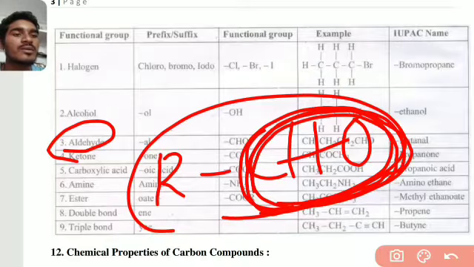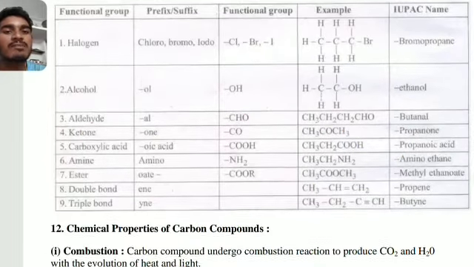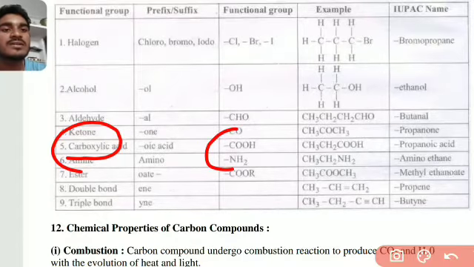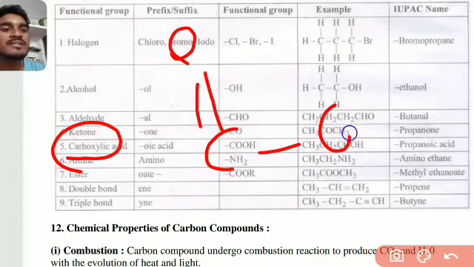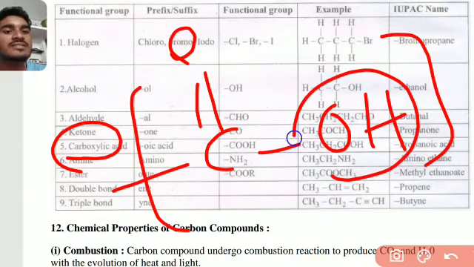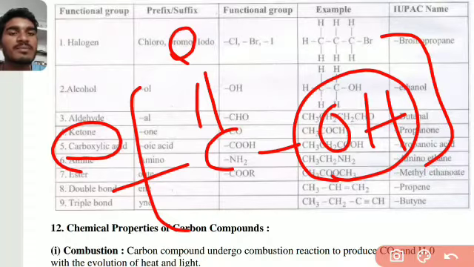Then carboxylic acids. Here C double bond O and OH, this is the carboxylic functional group, right? So carboxy is the prefix, and oic is the suffix.